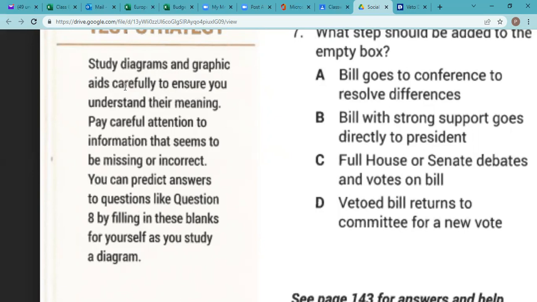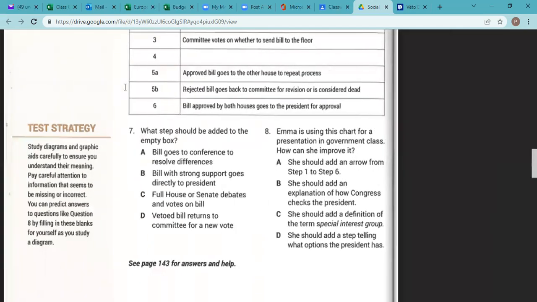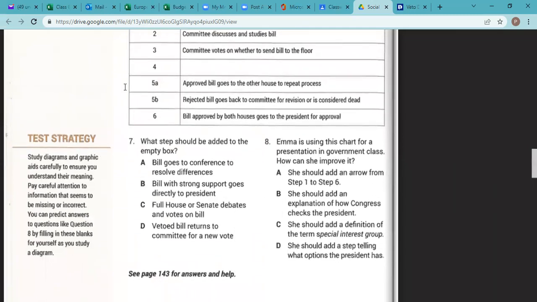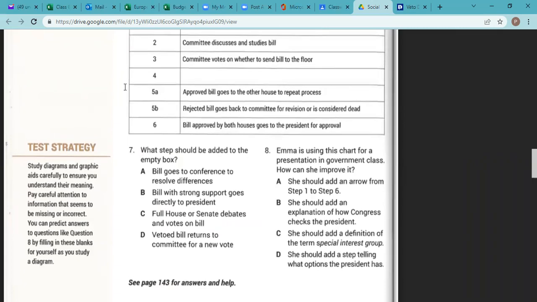You can predict answers to questions like question A by filling in these blanks for yourself as you study a diagram. So let's take a look at number 8. It says here that Emma is using this chart for a presentation in government class. How can she improve it? A, she should add an arrow from step 1 to step 6.